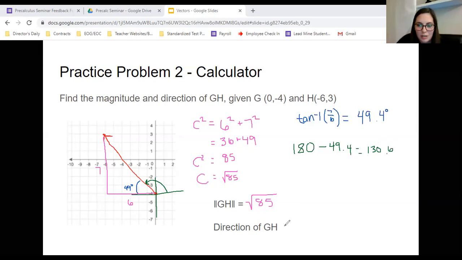So the direction of GH is 130.6 degrees. Now, if it had asked for a bearing, I would find it from north to that angle, and that's probably what I would do. I wouldn't do it any other way.